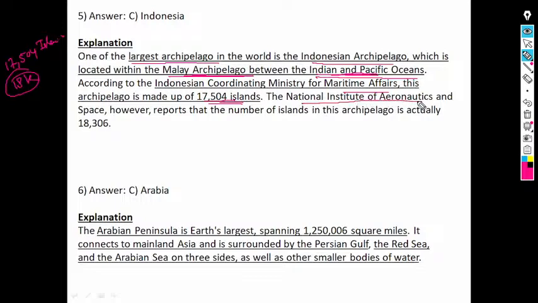The National Institute of Aeronautics and Space, however, reports that the number of islands in the archipelago is actually 18,306.